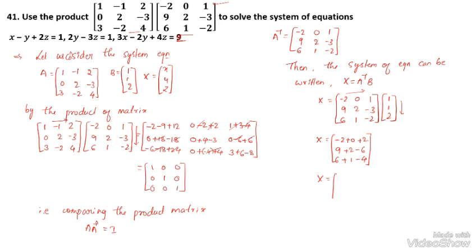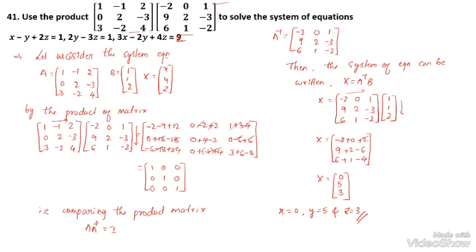So X is equal to minus 2 plus 2 cancelled, we have 0; 9 plus 2 is 11, 11 minus 6 is 5; 6 plus 1 is 7, 7 minus 4 is 3. While solving the system of linear equations, X is equal to 0, y is equal to 5, and z is equal to 3. This is the solution of the given problem.